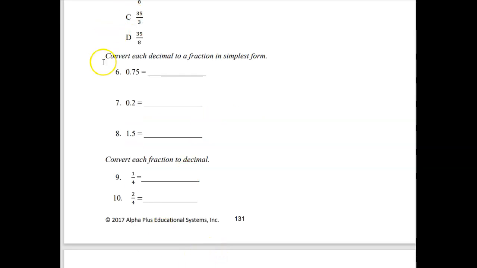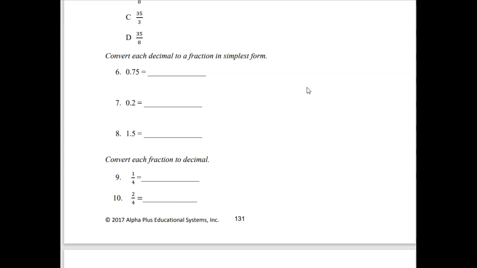Okay, so this one wants us to convert each decimal to a fraction in simplest form. What does simplest form mean? As small as we can get it. Okay. So some of these decimals, it would be worth memorizing what they are. Like 0.75 is a common one. Okay, 0.5, common one. 0.25, common one.